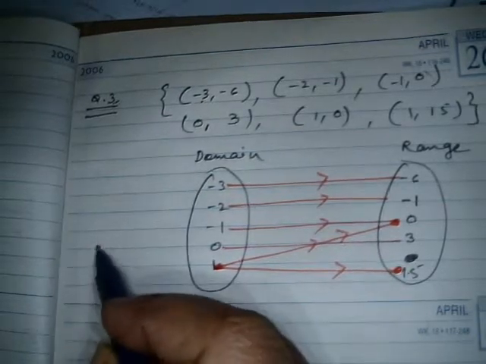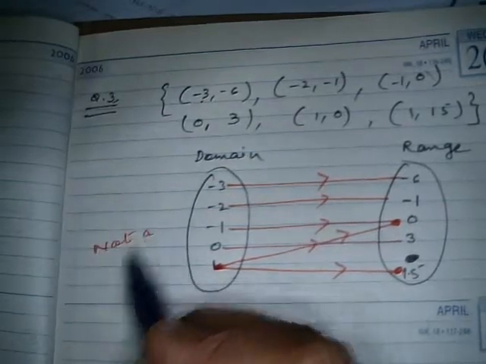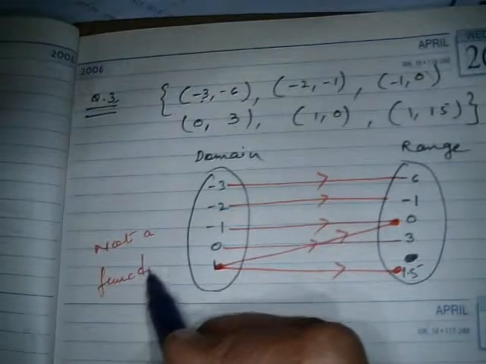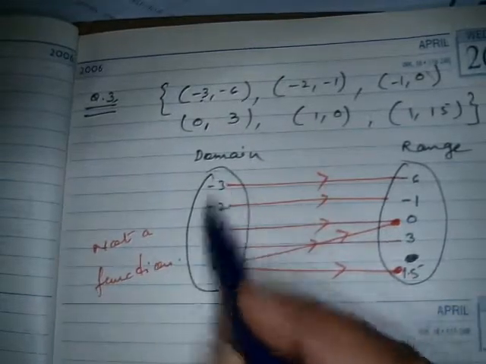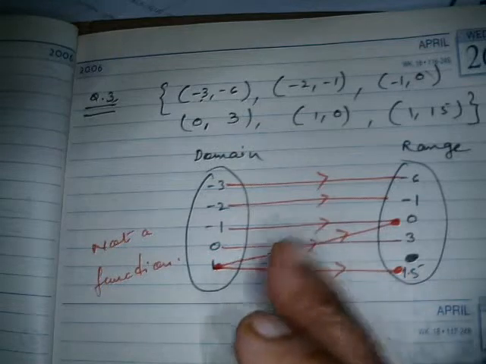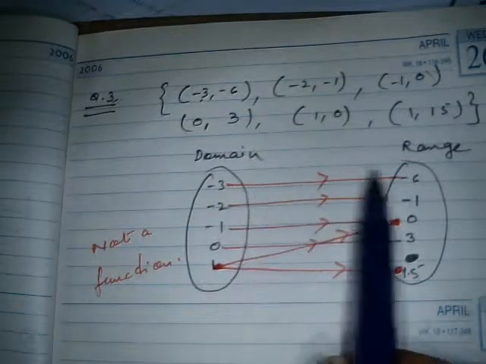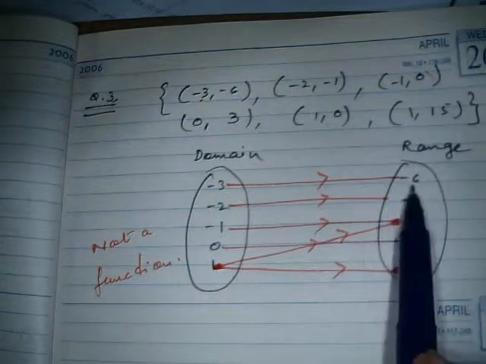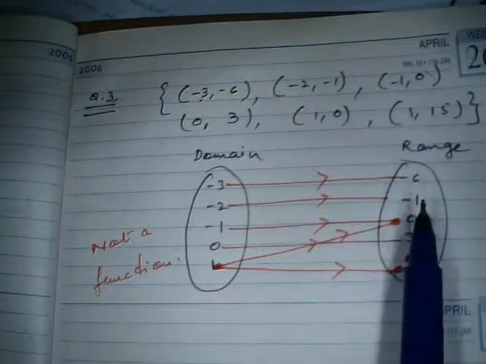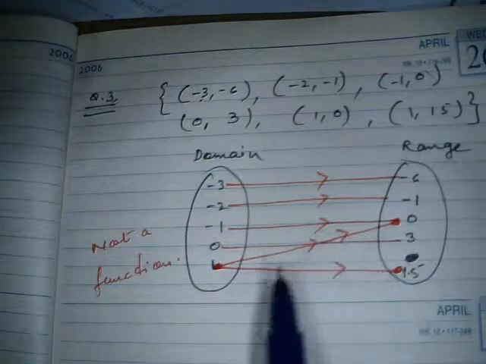Second point, every x should have a different or same image and a unique value in the set P. But over here, the same x is returning 2 different values of y. In that case it cannot be a function, it is a relation.